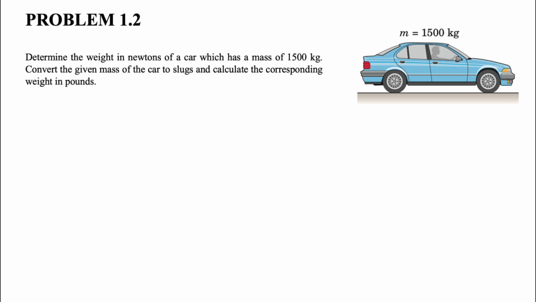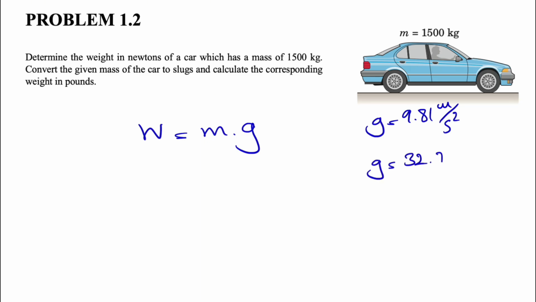So first of all, we have to find the weight, which is mass times acceleration of gravity, which we know on Earth is 9.81 meter per square second, or it can be 32.2 foot per square second, depending on the different units that we have in here.